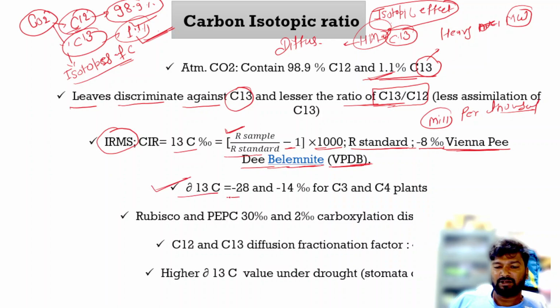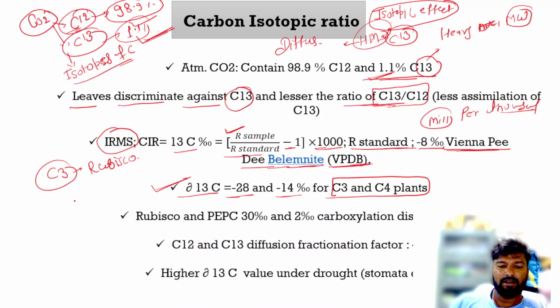This is minus 28 and minus 14 for the C3 and C4 plants, because in C3 the main enzyme is Rubisco, and in C4 it is PEP carboxylase. Okay, then the C12 and C13 diffusion fractionation is 4.4 per mil due to their molecular weight.